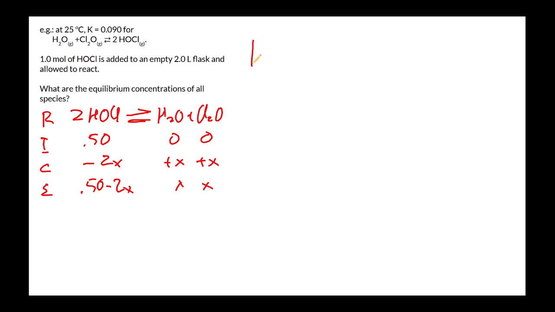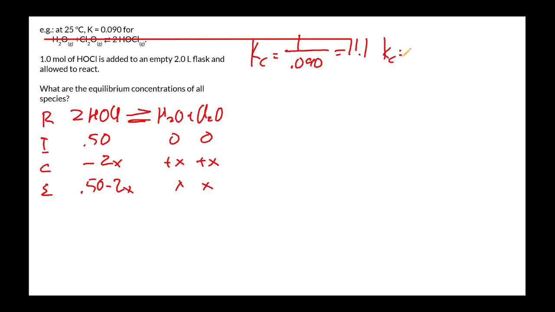What's Kc? Well, the number will be the reciprocal of 0.090 because we reversed the reaction, and that ends up being 11.1. And the expression for Kc is the concentration of H2O times the concentration of Cl2O, because those are our products now, divided by the concentration of HOCl squared.